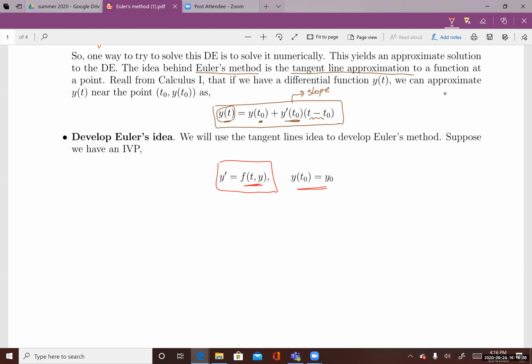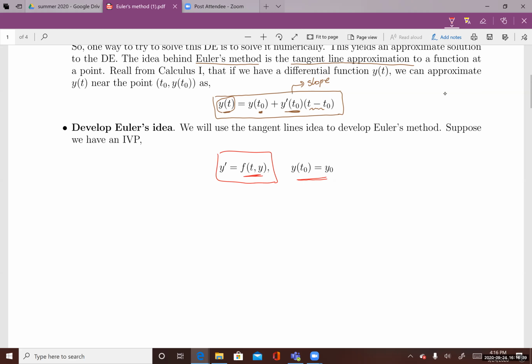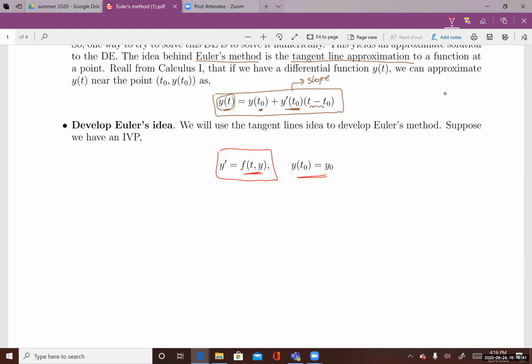So we have an IVP. And the idea is, can we estimate a value? Let's say estimate y of 3, given t0 is 1, and y0, given f of 1, is 2.